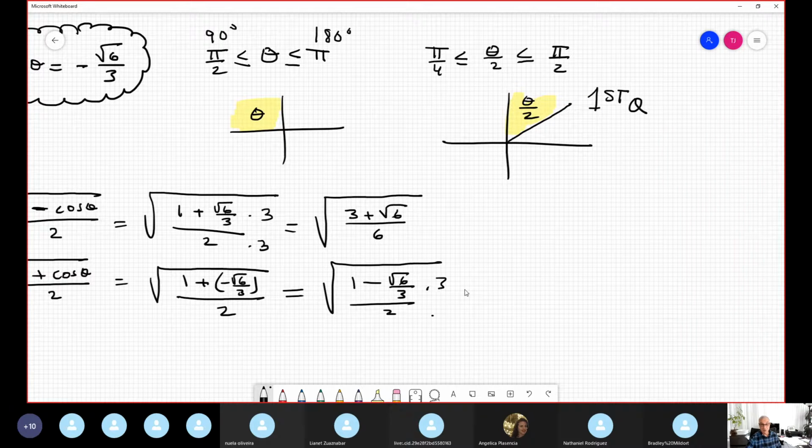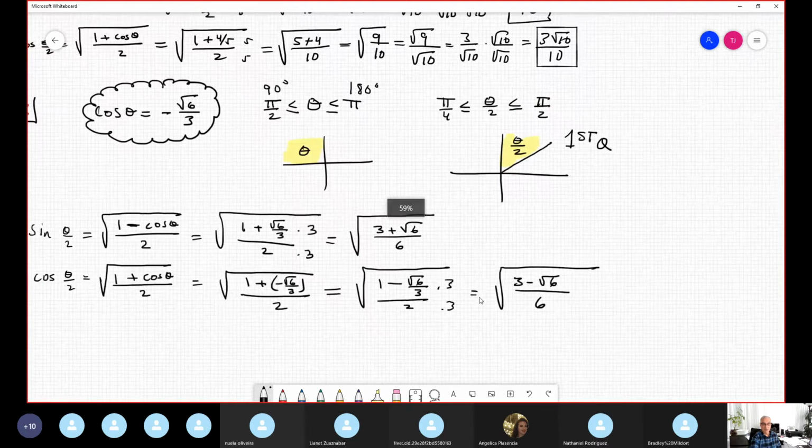Multiplication by 3 here, multiplication by 3 here, and the answer is square root of 3 minus radical 6 divided by 6, because 3 times 1 is 3. And also positive, because the half angle lie in the first quarter.